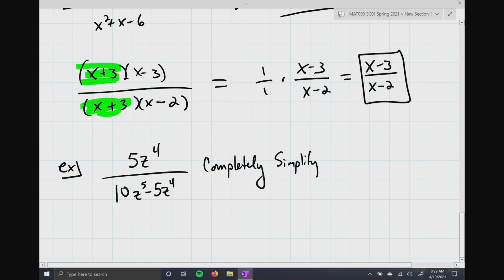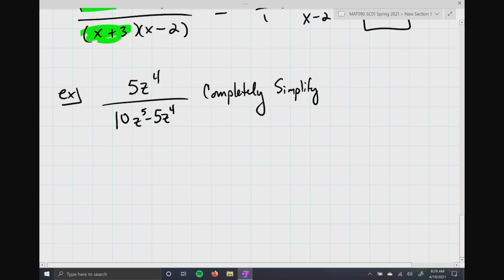And we're going to completely simplify. You gotta let me know if I'm moving too fast, because I can rip through these problems. So you gotta let me know if I'm moving too fast, okay?